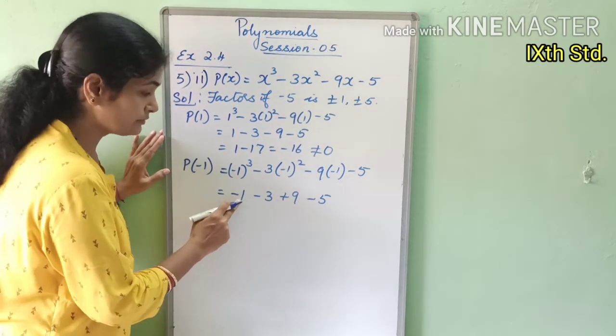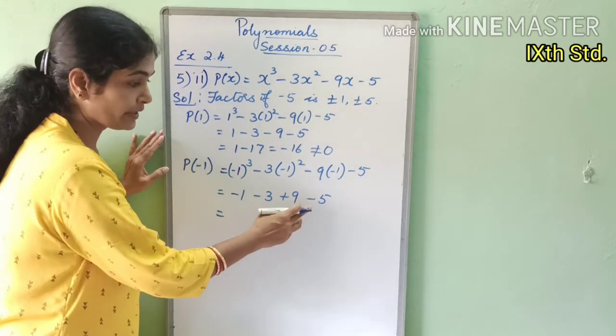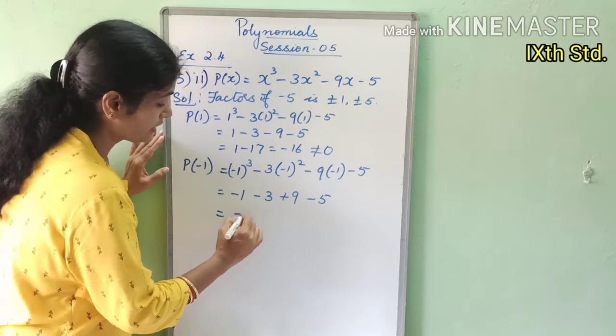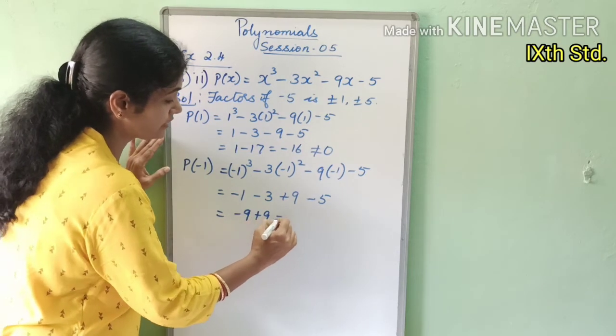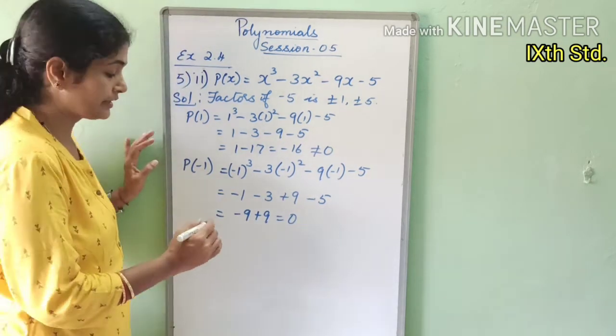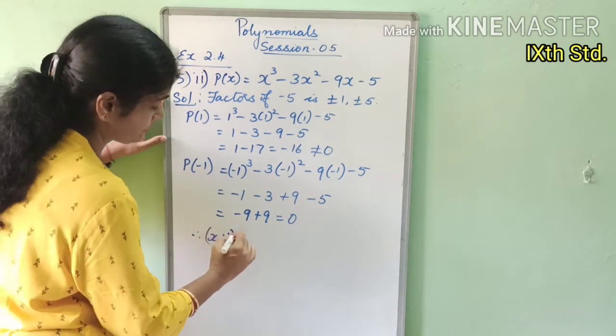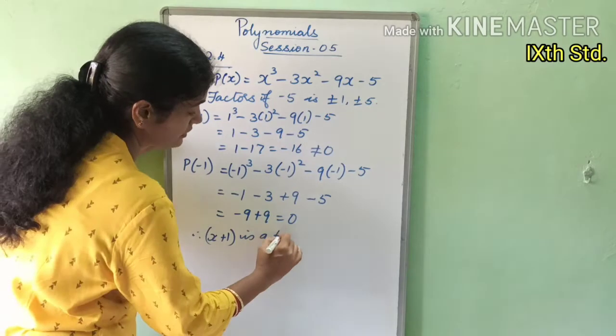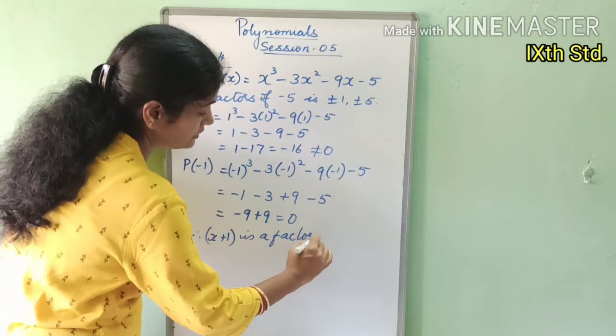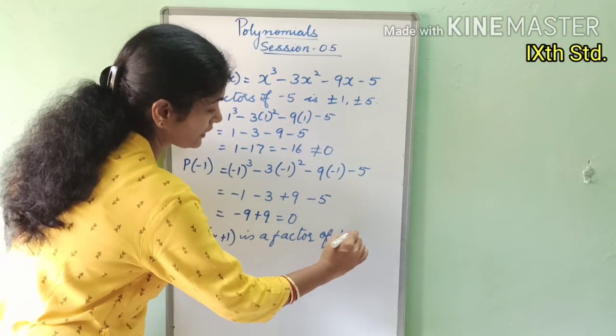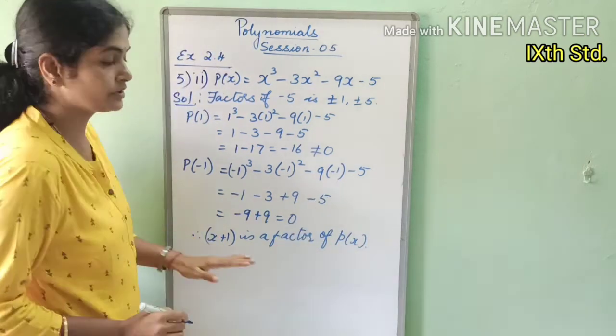Minus 1 minus 3 is minus 4, minus 4 and minus 5 is minus 9, and plus 9. This is 0, correct? So what do we get? Therefore, x plus 1 is a factor of p of x. Okay, till here we got.